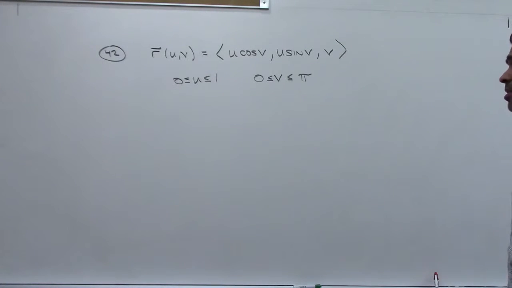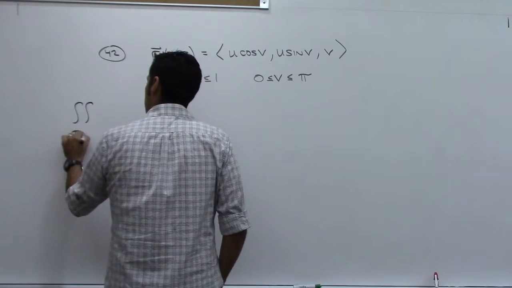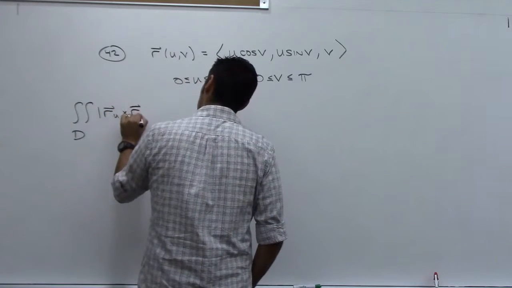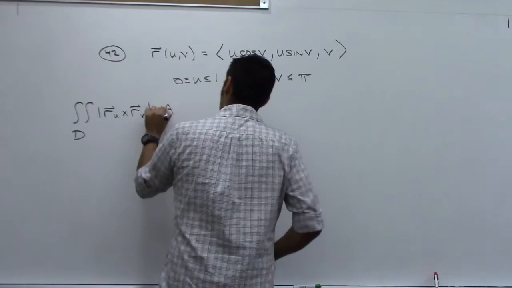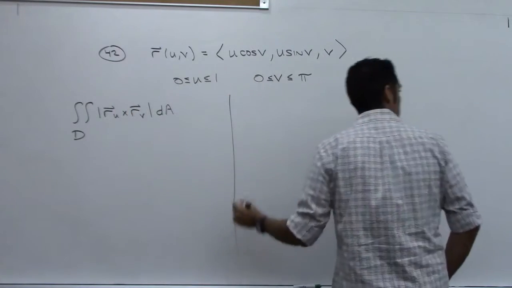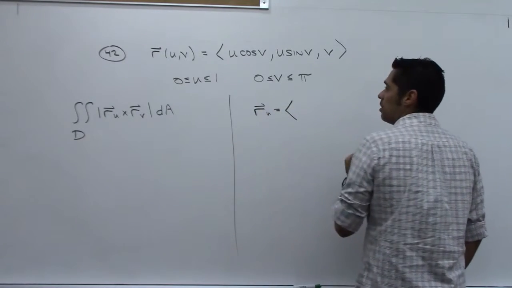Well, we're just going to go directly to our formulas here. We need to find the double integral over D of the partial of r with respect to u cross partial of r with respect to v dA. That's what I need. So let me go figure out what all this is. All right, we've got partial of r with respect to u is equal to a vector.